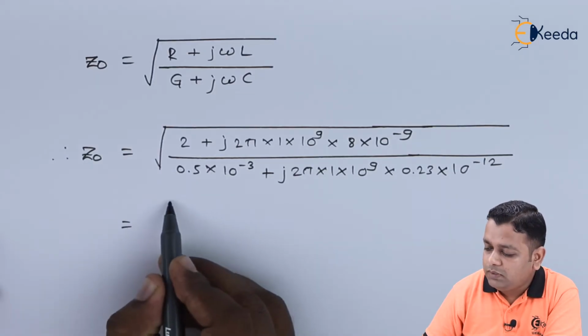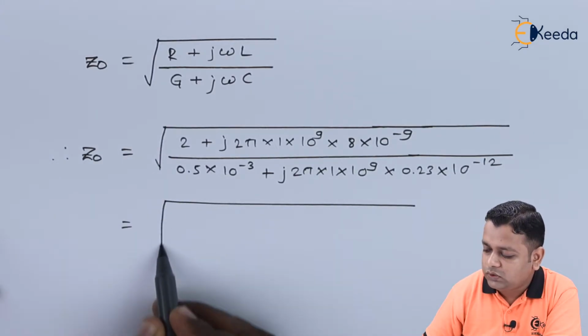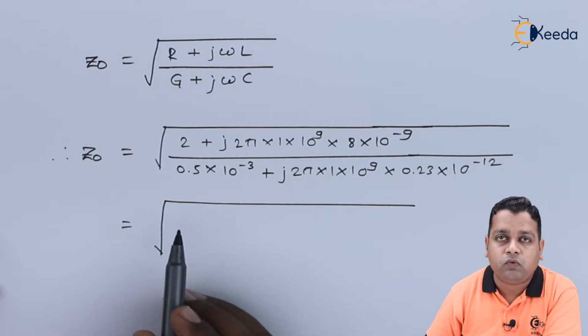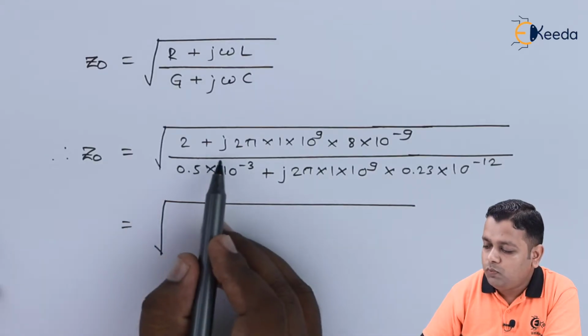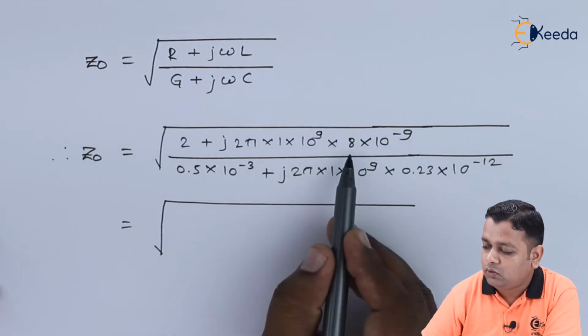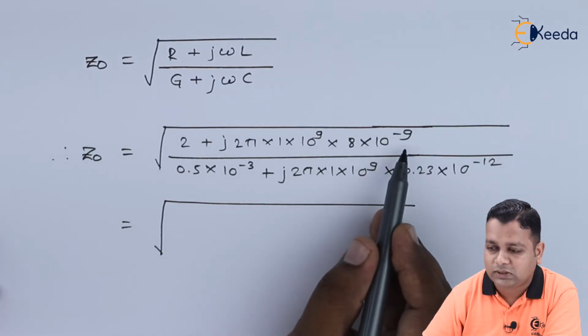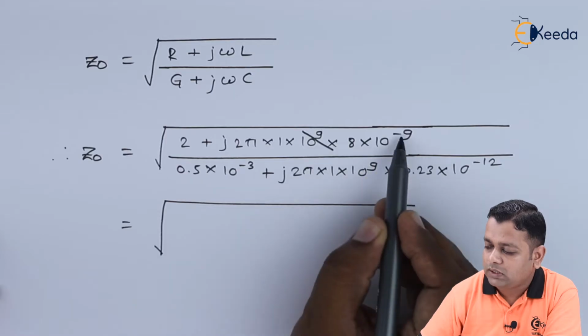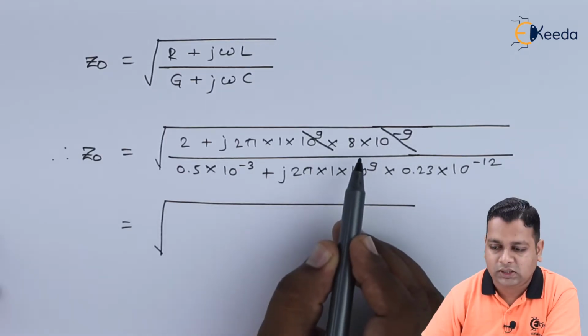In the polar representation, we keep the square root as it is, and for the numerator, 2 plus j times 2 pi into 1 into 10 raised to the power 9 into 8 into 10 raised to the power minus 9, where 10 raised to the power plus 9 and minus 9 get cancelled.